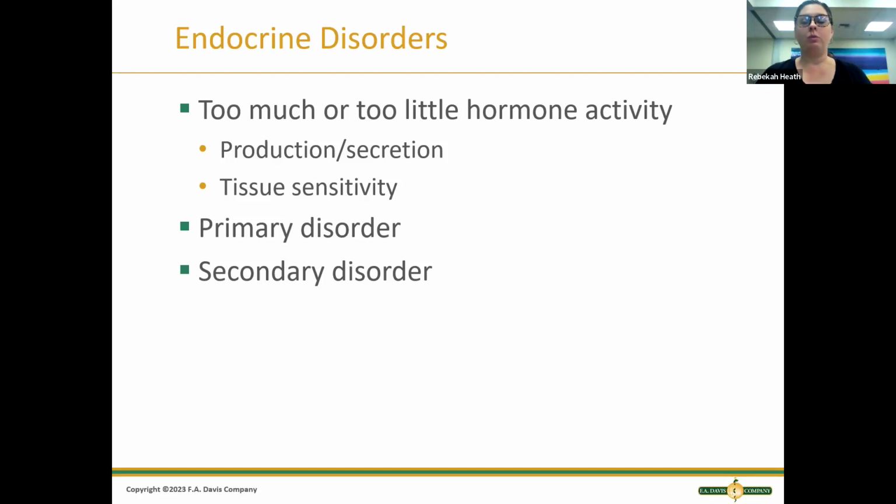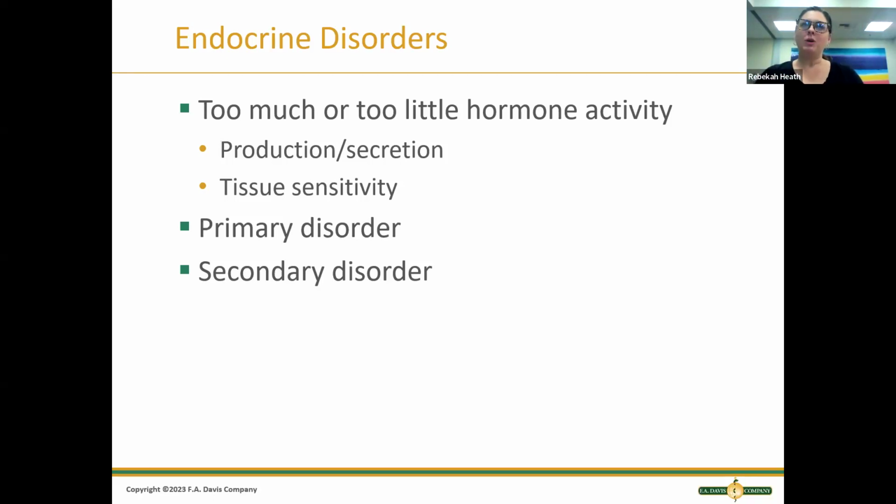When a woman goes into labor, that is a positive feedback loop where instead of trying to regulate and bring something into balance, it's actually circling more and greater until the culmination is delivery of the baby. That's an example of a positive feedback loop versus a negative feedback loop, which is usually most of our hormone production, especially in the diseases that we're talking about today.